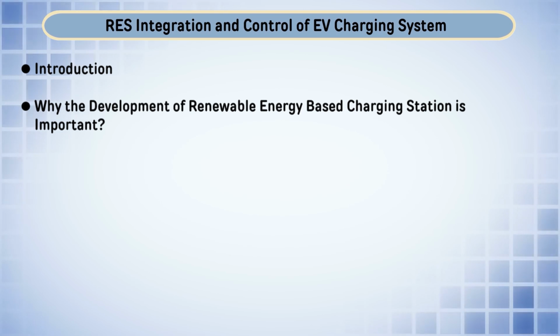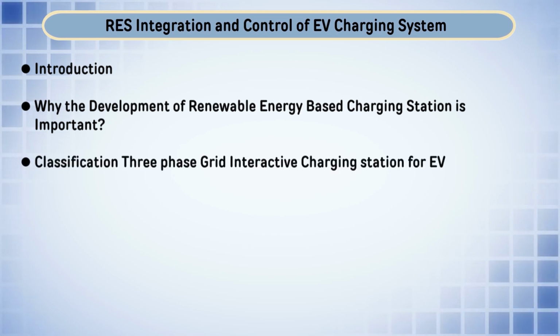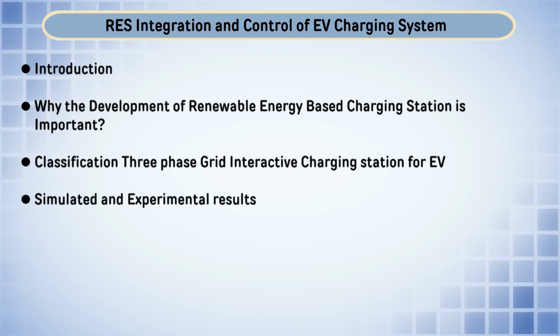After this, we shall proceed with classifications. Suppose we have a solar based charging station, how can we classify this solar based charging station? After this, we will see simulated and experimental results.